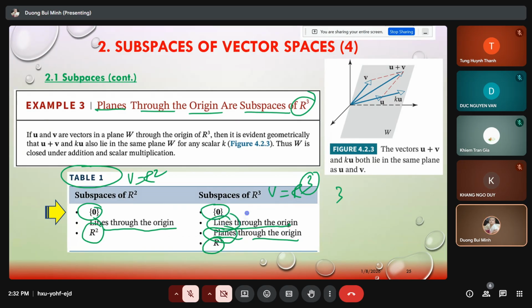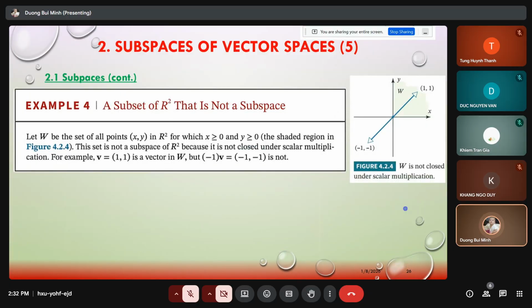Now, this is R4. So we have the zero vector space, lines, planes, R3, and R4. This is R2, this one is R1, you can say that.